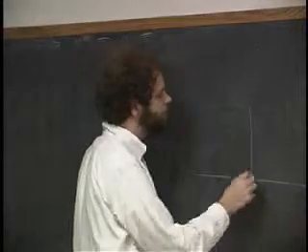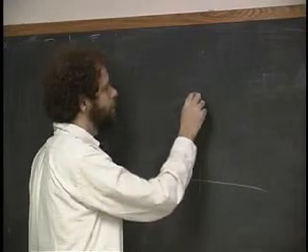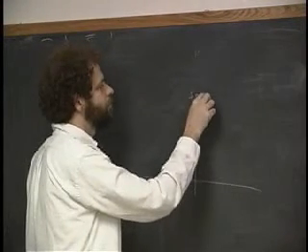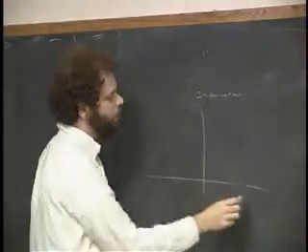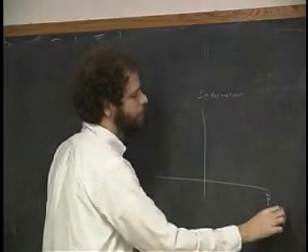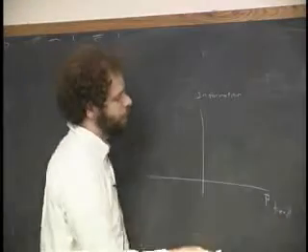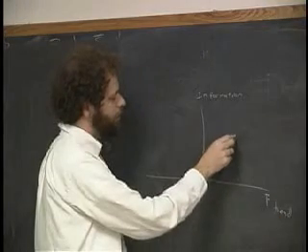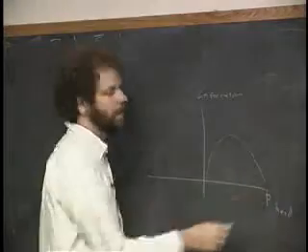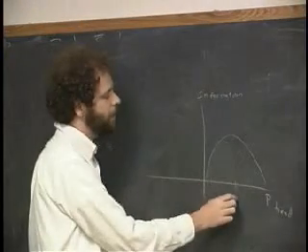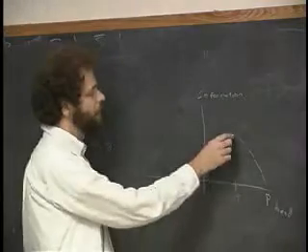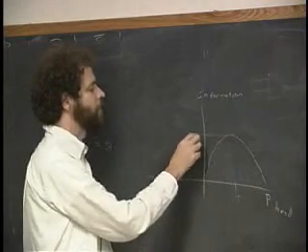And so we might expect that if I were to draw a chart of how much information, this is the amount of information, versus what the probability of a head is for a single coin toss, the curve would look something like this. Now, we don't know exactly what it looks like yet, but we know that if the probability of a head is 0.5, we get 1 bit of information.